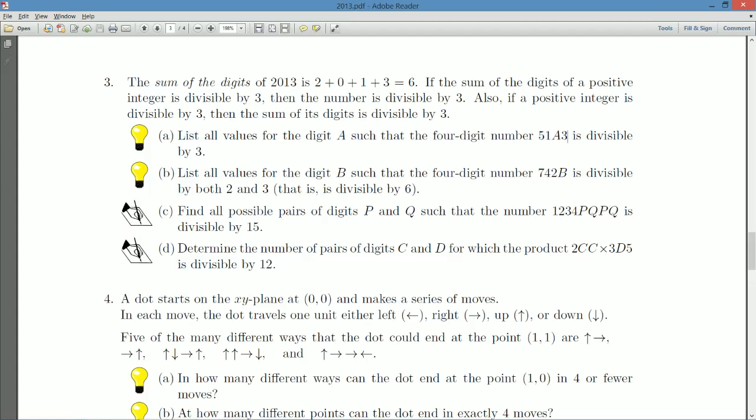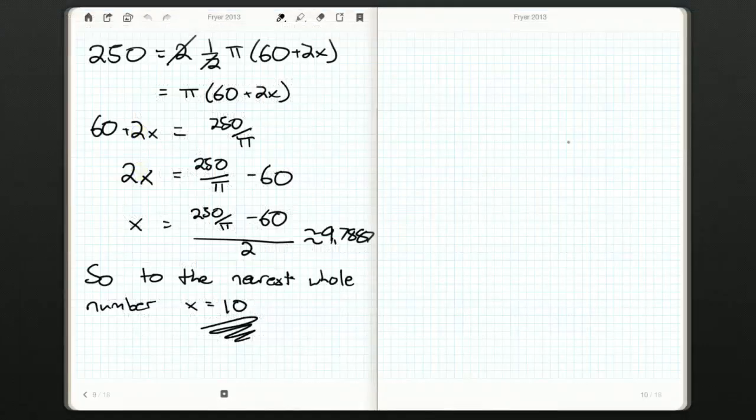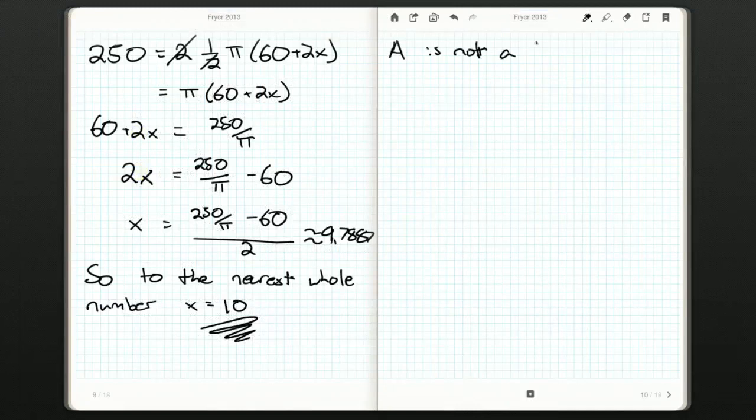Alright, so we just need our final answer here. Now, A is not a leading digit, so that means A could be 0. That's entirely possible.